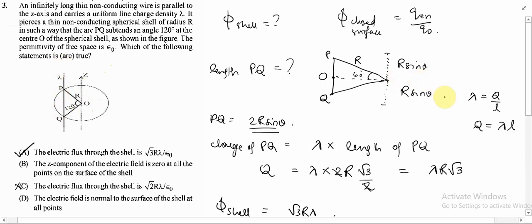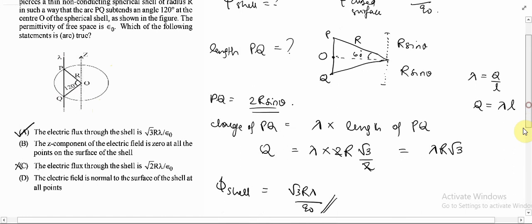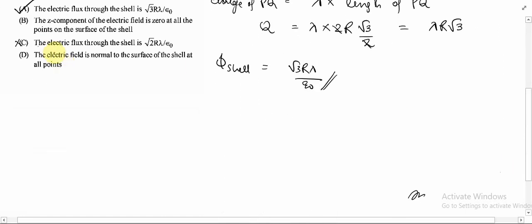We know that the electric field of the charged wire is given by lambda by 2 pi epsilon 0 r into n cap, normal to the wire. This is Z cap, so the electric field will always be normal to the Z direction.